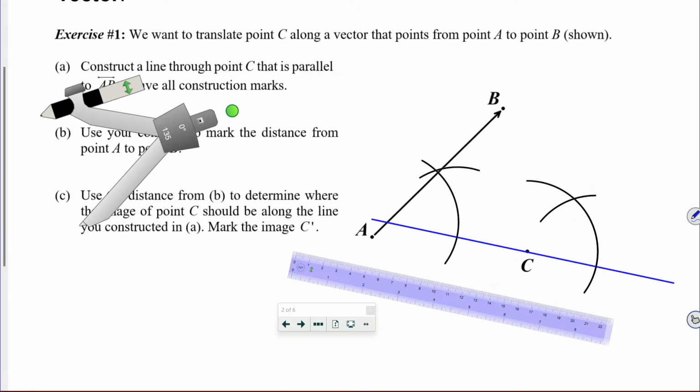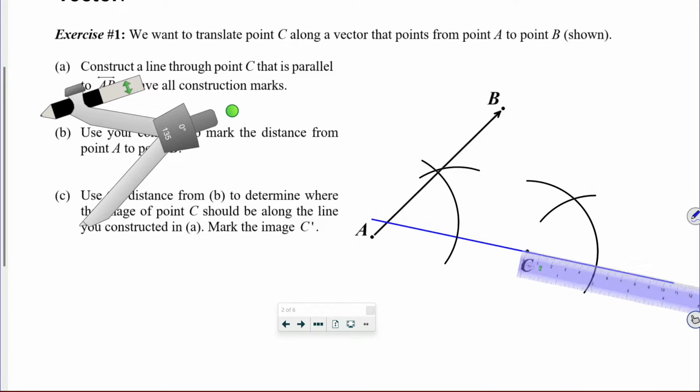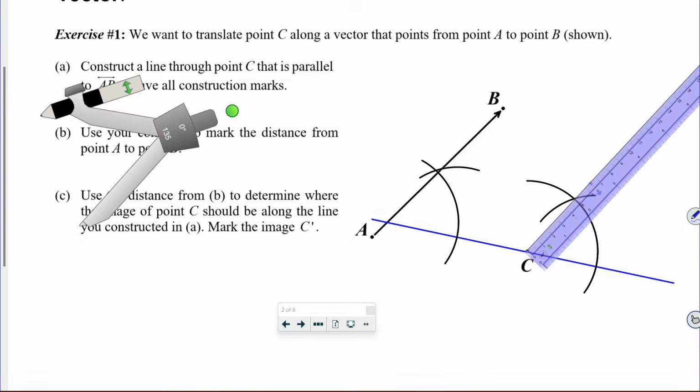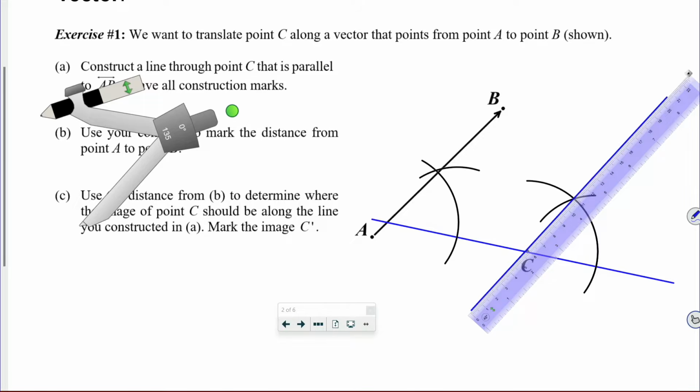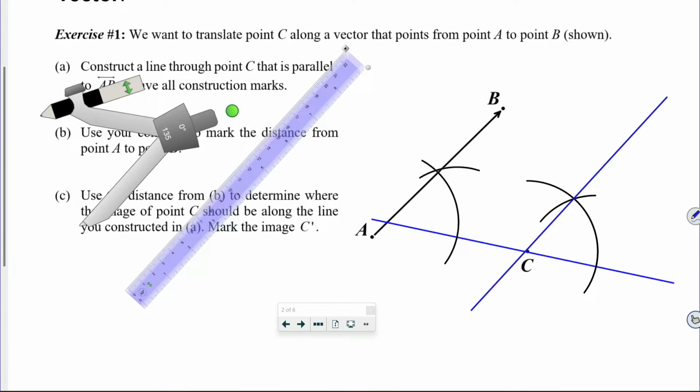Now, had I made that arc perfect, then when I draw the line that passes through point C and the intersection point that I care about, that line will be parallel to line AB, and it's not too far off.